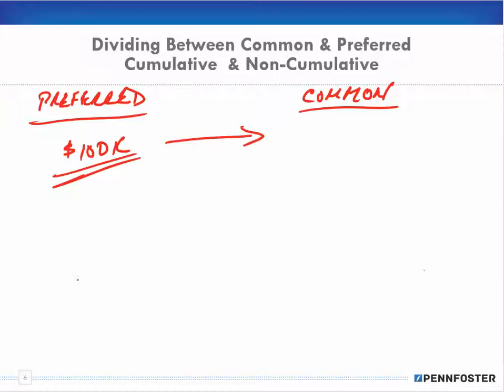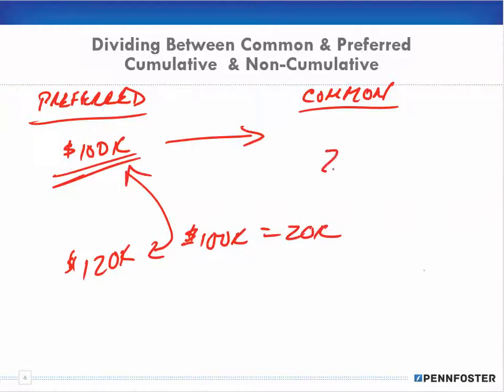But let's say the declaration is $120,000. Then out of this $120,000, the first $100,000 goes to preferred, and that means there's $20,000 left over, so the $20,000 would go to common.